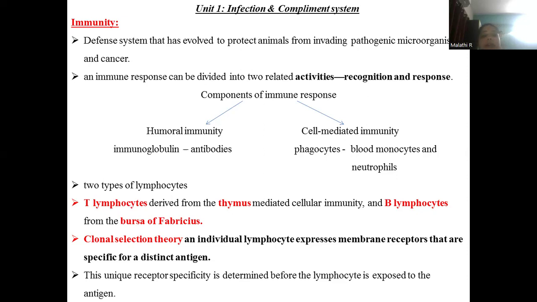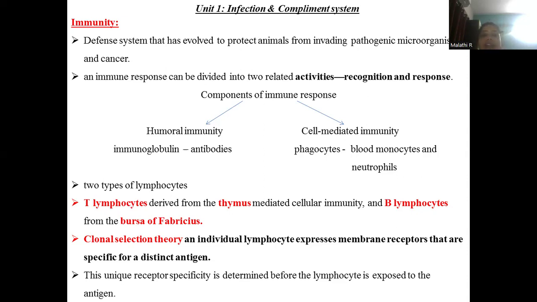The most important functions of the immune system are two: recognition and response. Recognition of self cells will be avoided, and recognition of non-self cells will be considered for an immune response. The immune response will be initiated only for non-self cells.